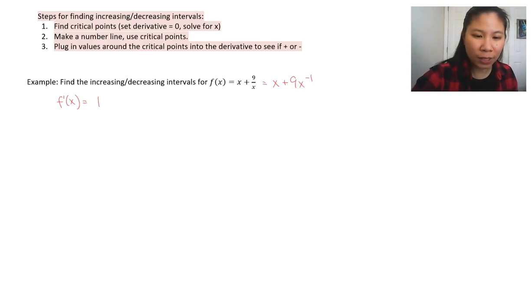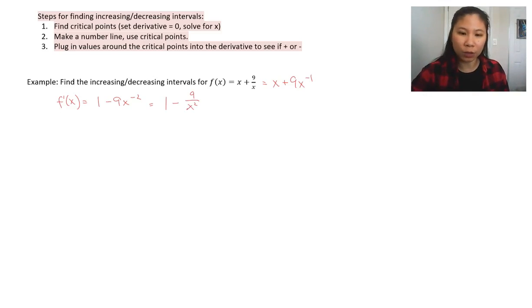So the derivative of x is just 1, and then the derivative of 9x to the negative first power, I can use the power rule, bring down and multiply the exponent with the 9, and then decrease the exponent by 1. Okay, let me rewrite this so that I don't have negative exponents. So this will just turn into 1 minus 9 over x squared. Okay, so there's my derivative.